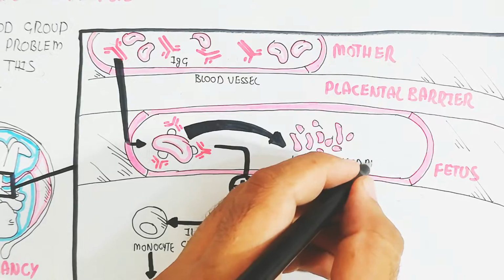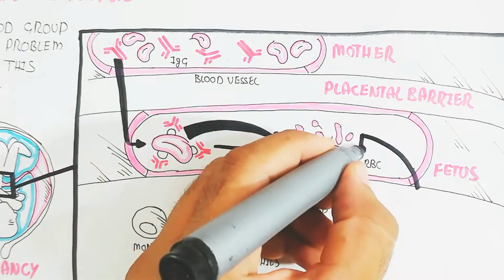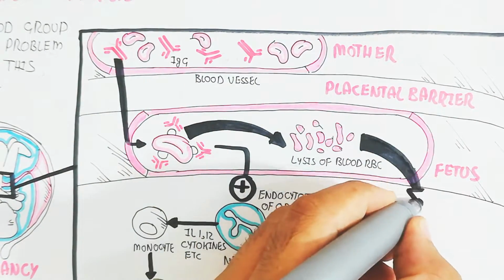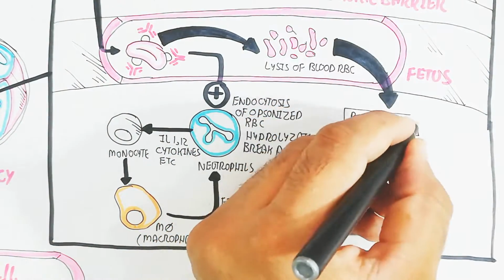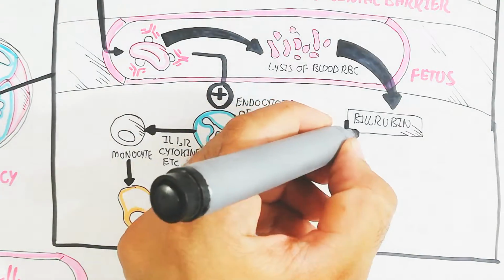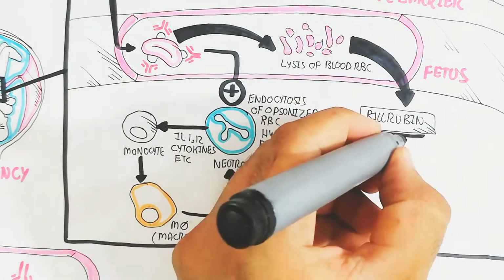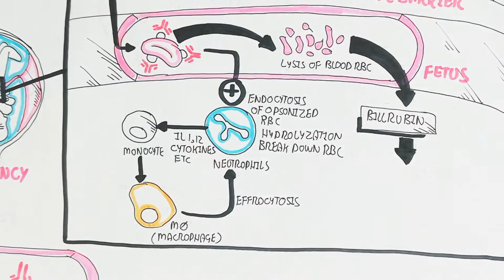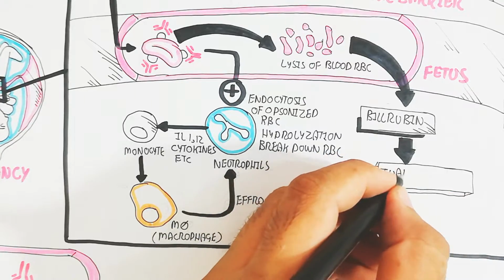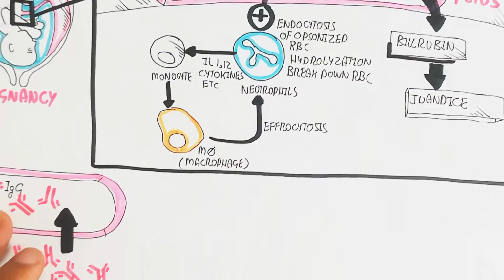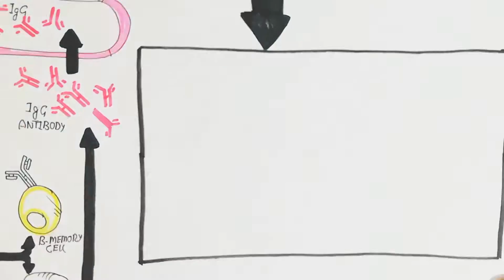This lysis of the cell debris, which breaks down the RBC, produces bilirubin. This bilirubin will cause jaundice. The excess of bilirubin is a poison or toxin in our body. So the fetal bilirubin increase will cause jaundice and anemia due to the breakdown of the RBCs of the fetus.